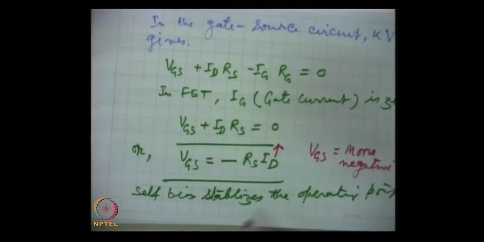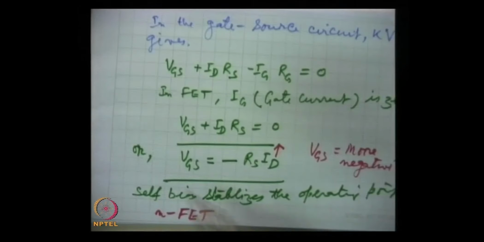If you remember the characteristics, for example, of an N JFET, which is under present discussion, more negative means ID will fall.